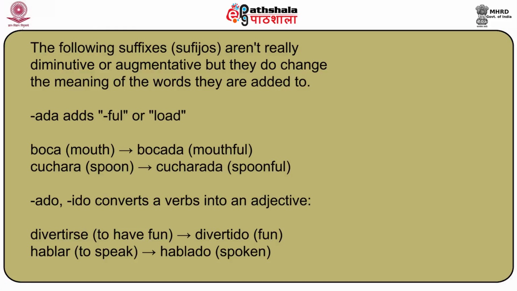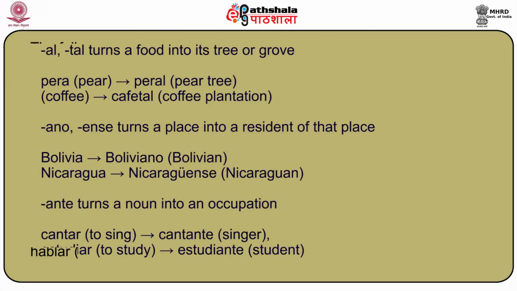Then we have ado or ido, which converts a verb into an adjective. Divertirse, to have fun. Divertido, fun. Hablar, to speak. Hablado, spoken. Al and tal turn a food into its tree or grove.